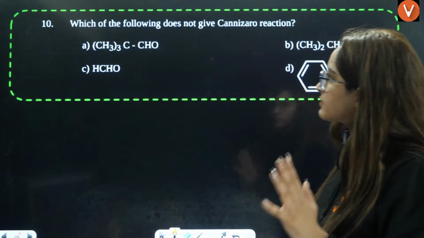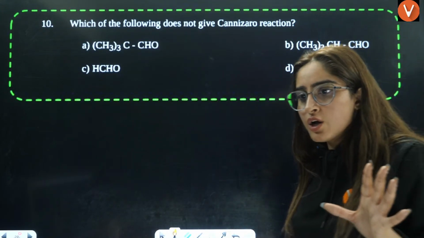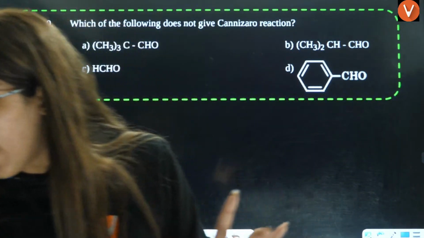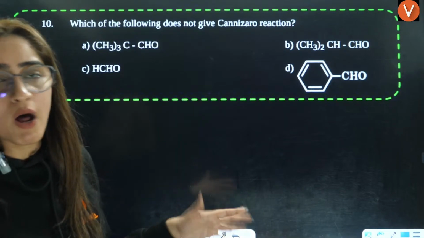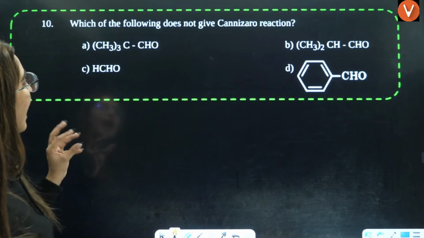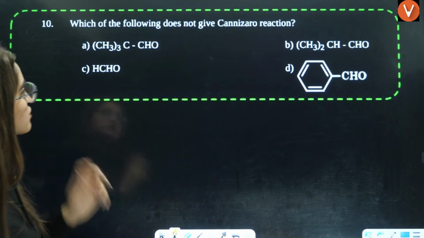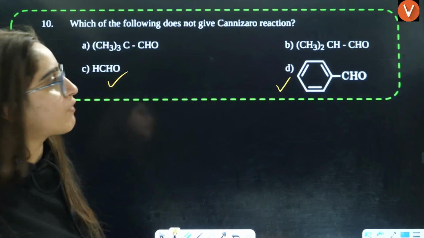Okay. Next is, which of the following does not give Cannizzaro reaction? So guys, for Cannizzaro reaction, there should be no alpha hydrogen. So this will give Cannizzaro, this will give Cannizzaro because both do not have alpha hydrogen.